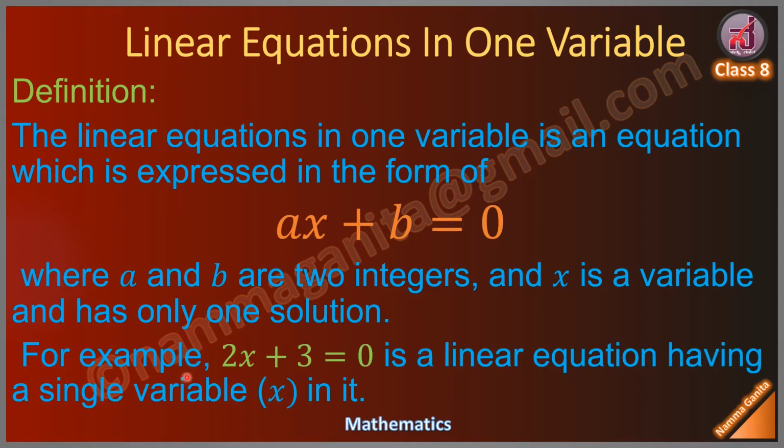For example, 2x plus 3 is equal to 0 is a linear equation because it is in the form of ax plus b equal to 0. Here a is equal to 2, x is a variable, b is equal to 3.